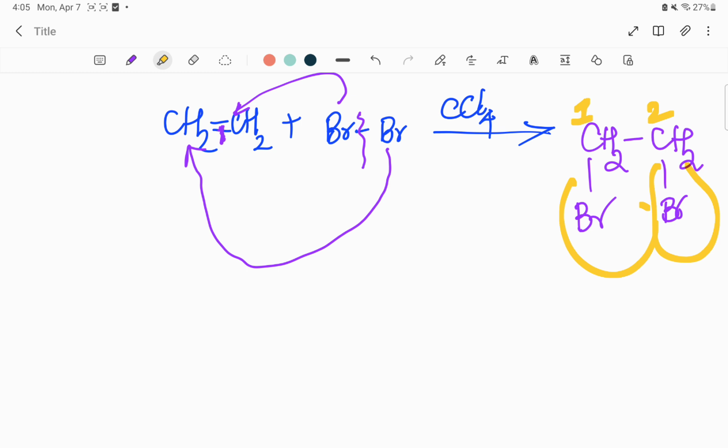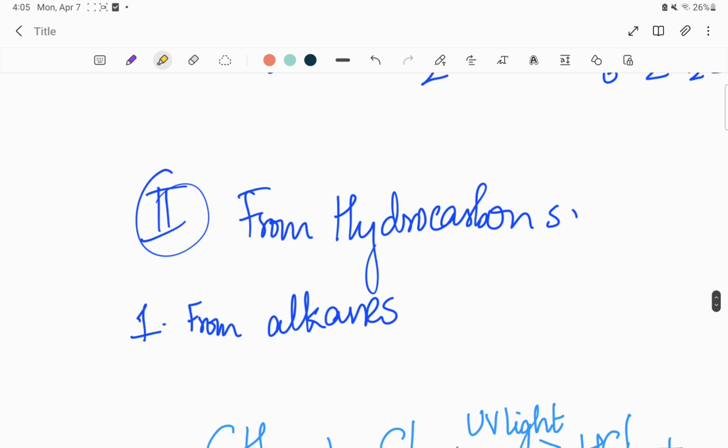So saturated hydrocarbons will not show decolorization because no such reaction takes place, and the brown color of bromine will still be present. So these are the preparation methods from alcohols.